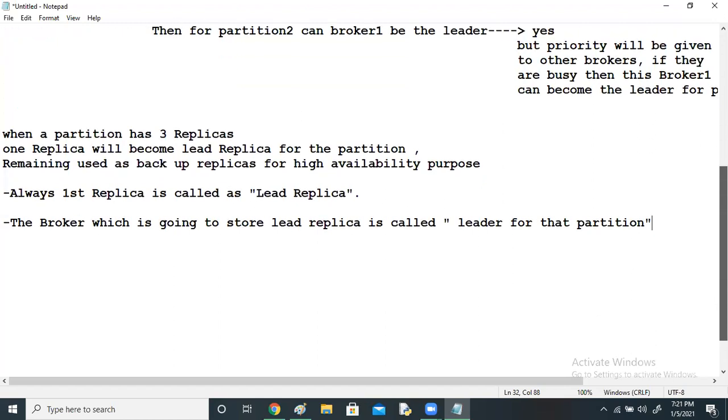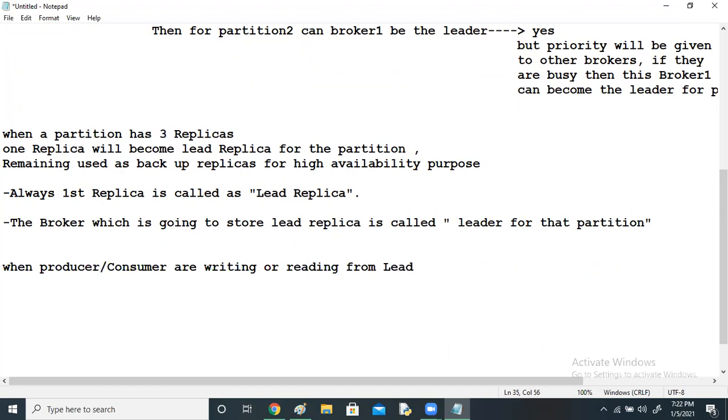When producers or consumers are writing or reading, they always read or write from lead replicas, right?